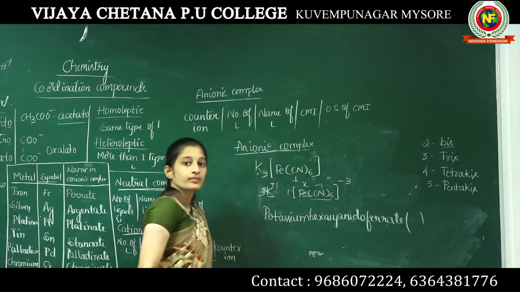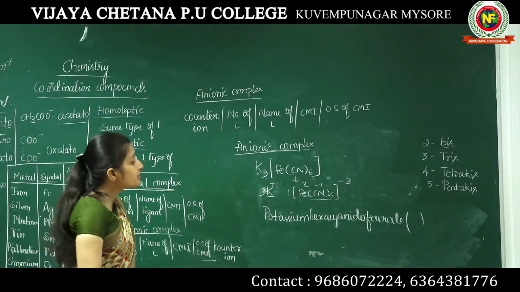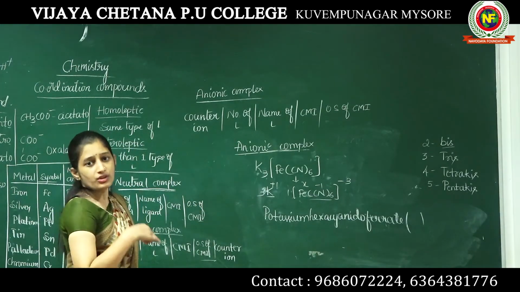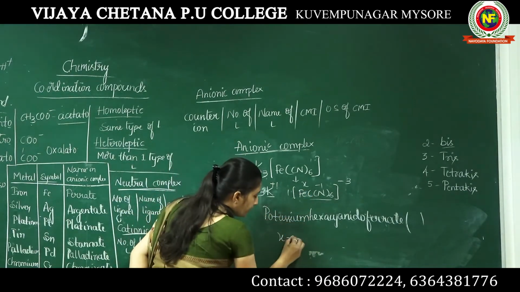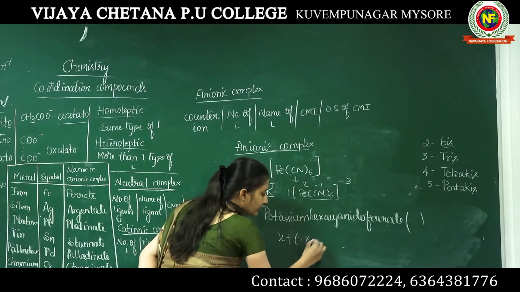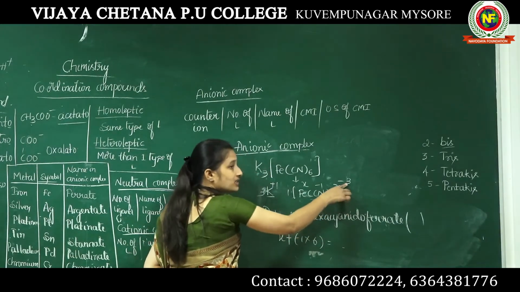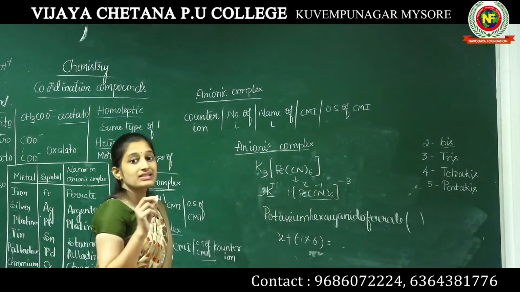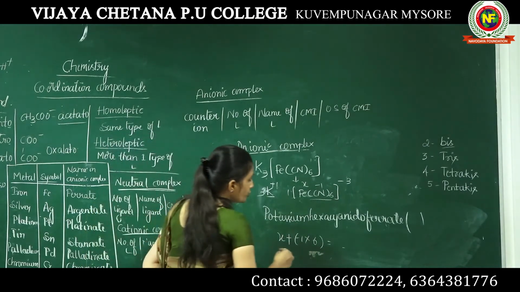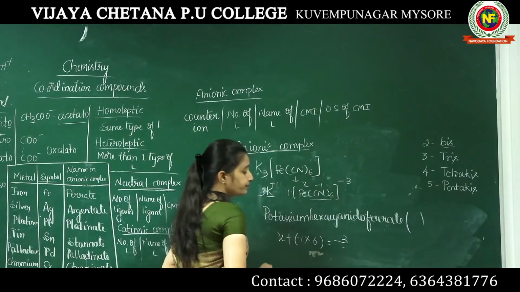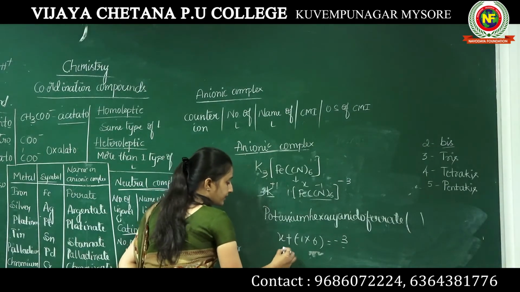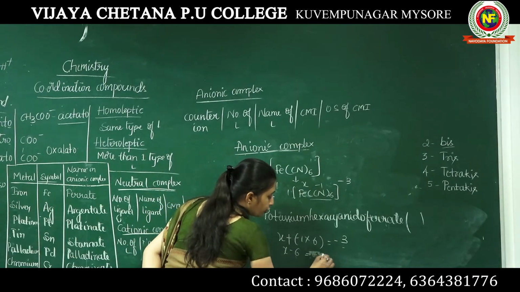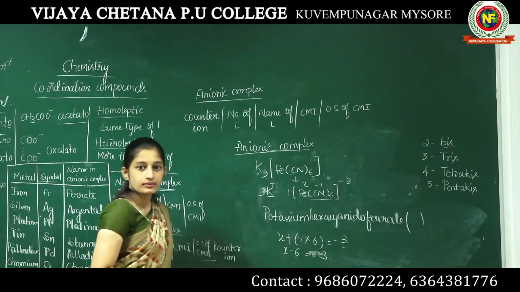What is the oxidation state for this particular compound? I am going to calculate now. X, iron I don't know, plus -1 into 6 is equal to overall charge -3, but in the previous case it was -4. So -3. Then x - 6 is equal to -3. This -6 on the left hand side comes to the right hand side and becomes +6.